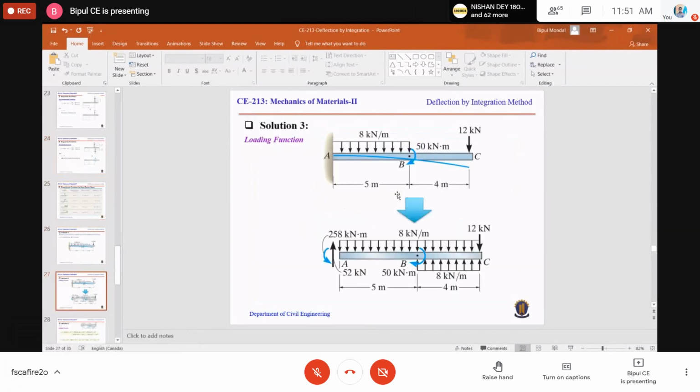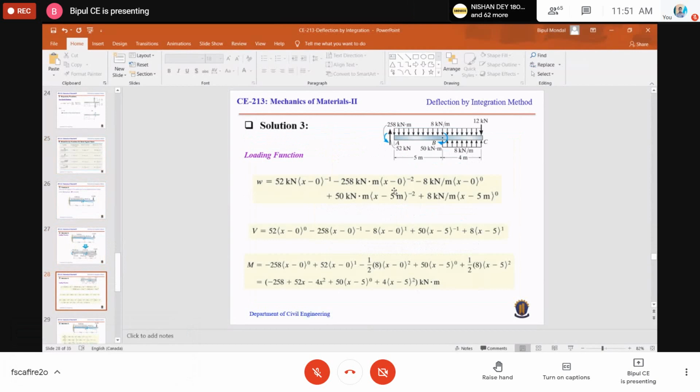Okay, from the origin. So what is A here? We have measured the length, right? We are measuring the length from here, right? So origin at A, and this load is acting at A. So for this load, the value of A is 0. That's why it is 0. Is it clear? বুঝতে পারছো সবাই? A 0 কেন এখানে?